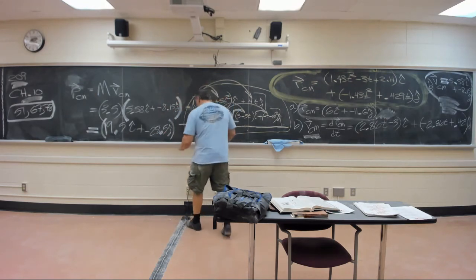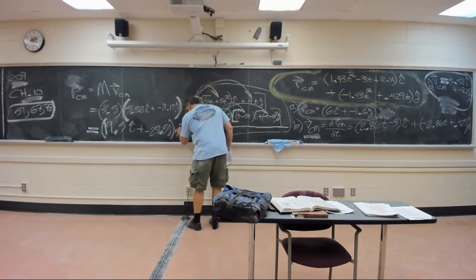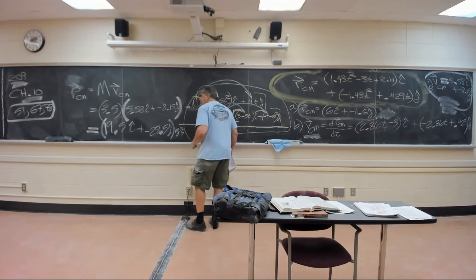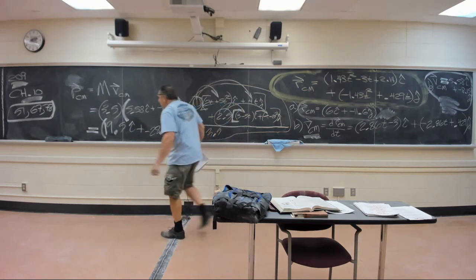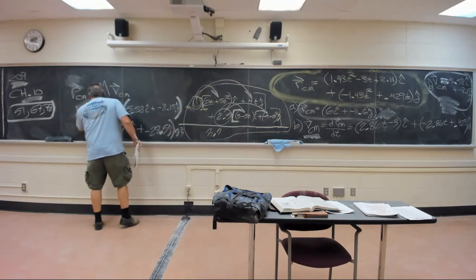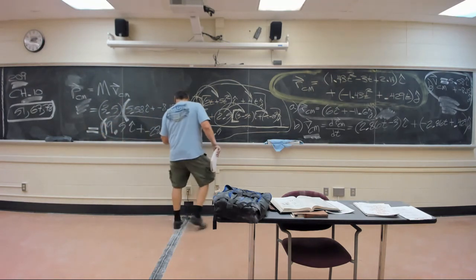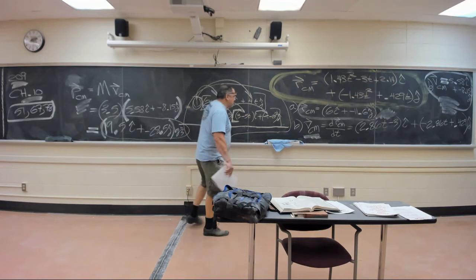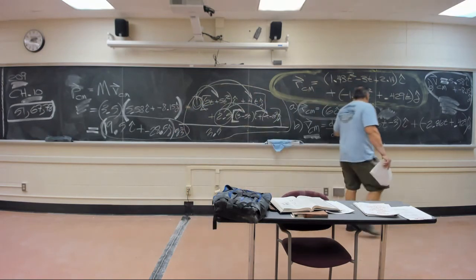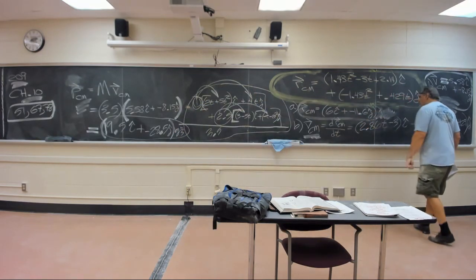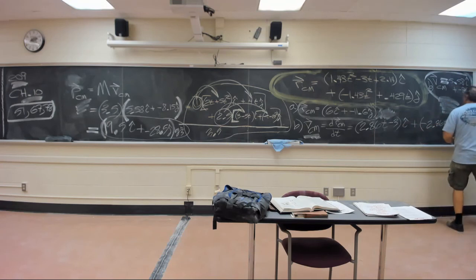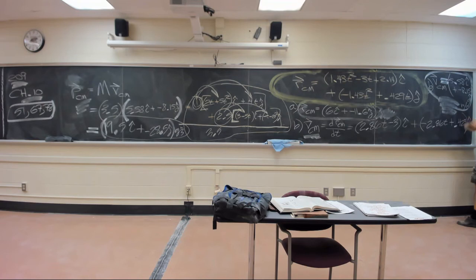And all of that is kilograms meters per second. That's what this is going to be, the momentum at that point. This right here is VCM, and all of that at the end of the day is going to be meters per second.